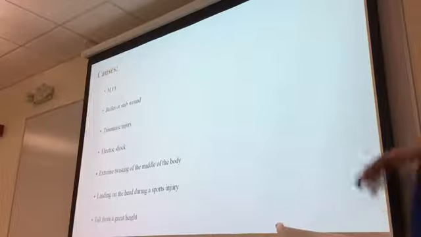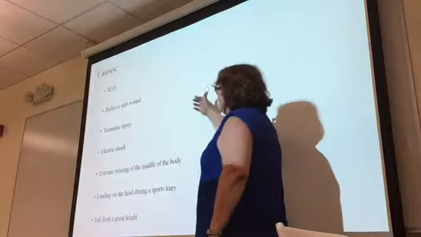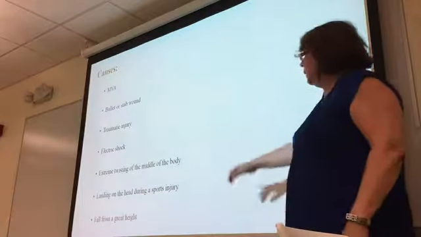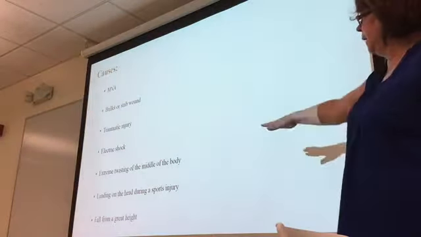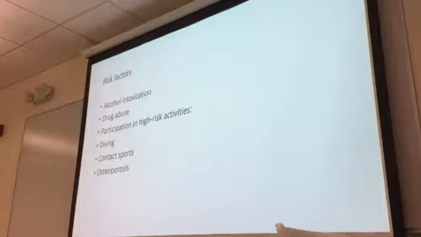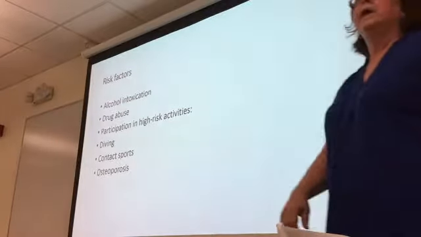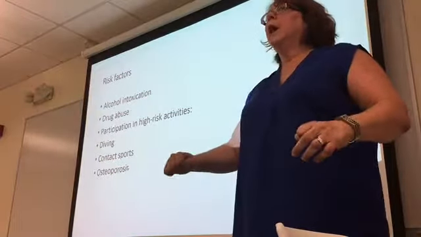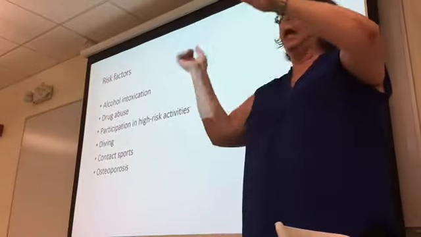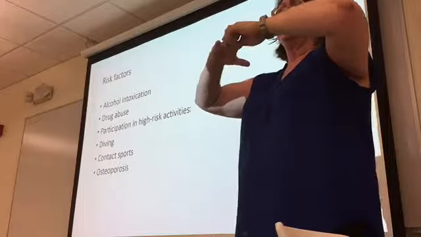Again, all the different causes: motor vehicle accident, sporting accidents, bullet, stab wound, electrical shock, extreme twisting of the body, landing on the head during a sport injury, or falling from great heights. Yes? What would be an example of extreme twisting of the body? Somebody who's a gymnast that goes over what are those called, the horse?